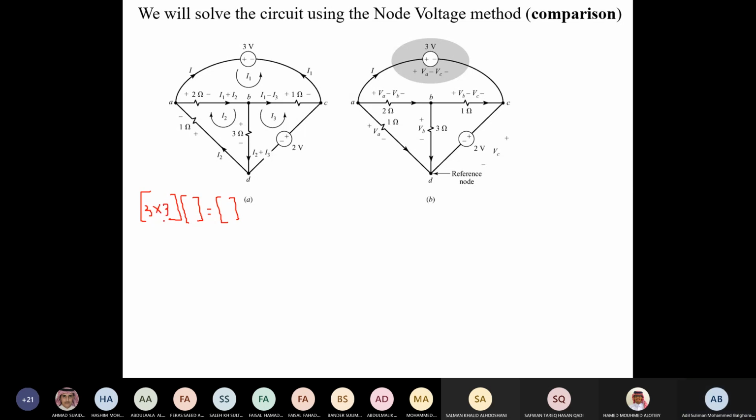Now, if I use nodal analysis, I pick a reference over here. When you pick a reference, this one becomes, by inspection, equal to 2 volts. I label the other one. So I will have 2 unknowns, VA and VB. So in order to solve, you will need only a dimension of 2 by 2.